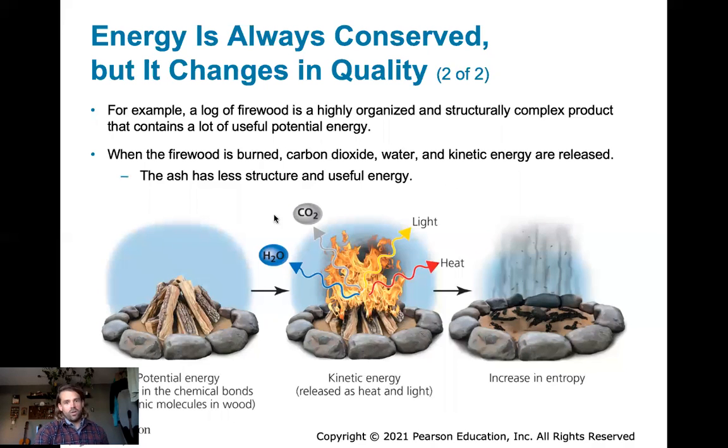The ash and all of these things have less structure and less, quote unquote, useful energy. So here you go, rephrasing this using this figure. Potential energy directly to kinetic energy and a total increase in entropy. Now these logs that used to be contained in this very highly ordered structured system are all out into the atmosphere, okay? All of the molecules, maybe some ash and stuff is left over, but you don't have this organized structure anymore. This system is now highly entropic.